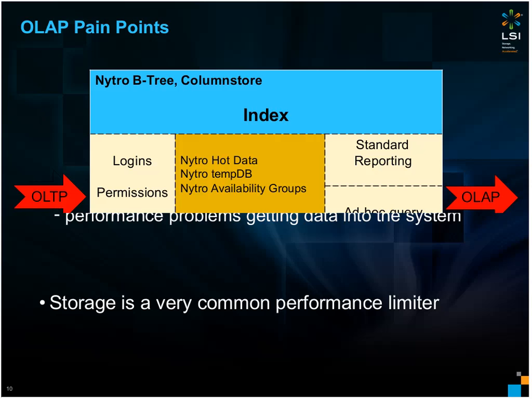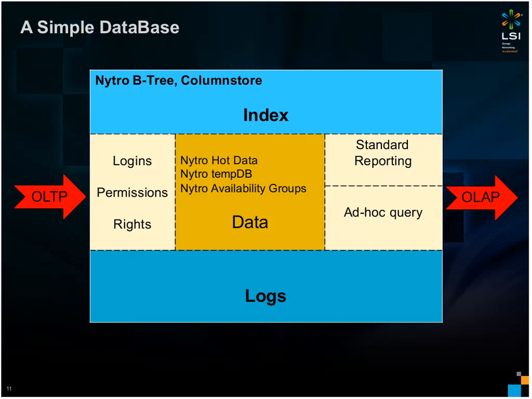So we've talked about OLTP, we've talked about OLAP, OLTP being the front-end e-commerce, OLAP being the back-end standard reporting and ad hoc querying, large data sets, smaller data sets. Flash is kind of in the middle of all of this.